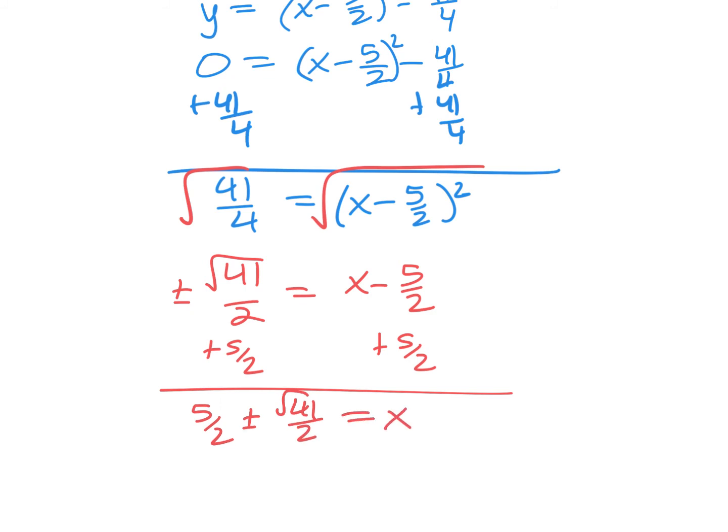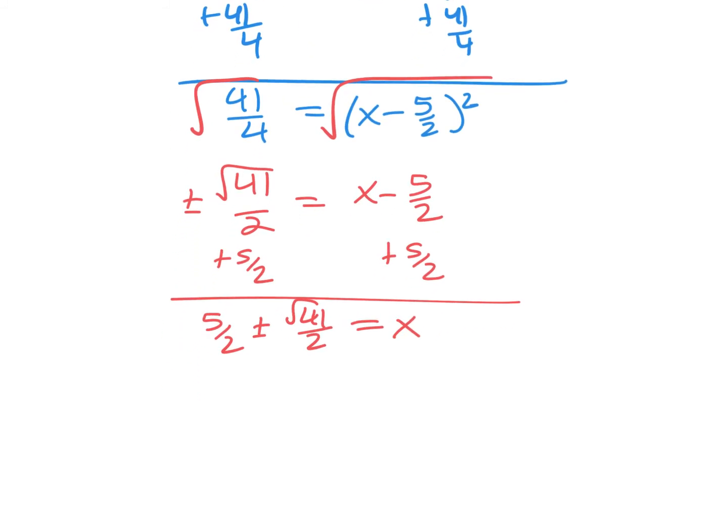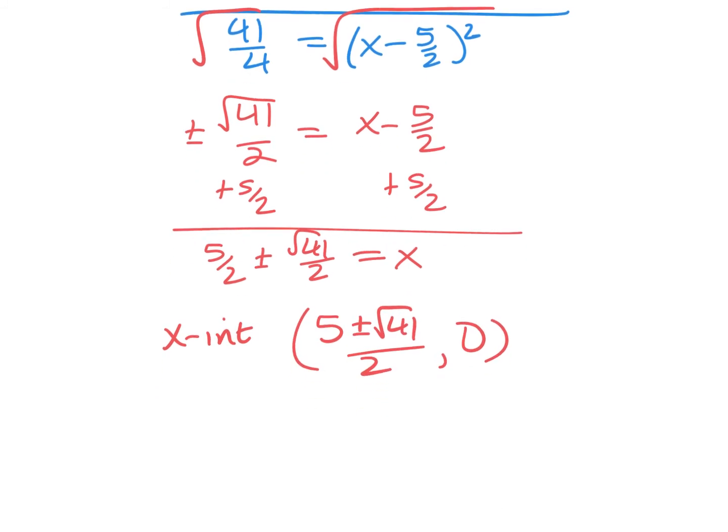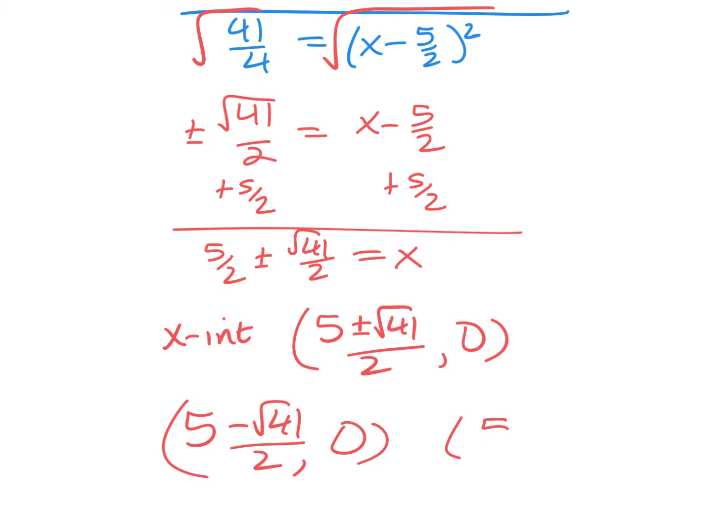If you want to combine it into one fraction, you can. So the x-intercepts would be 5 plus or minus root 41 over 2, comma 0, and again, pull them apart. And then 5 plus root 41 over 2, comma 0.